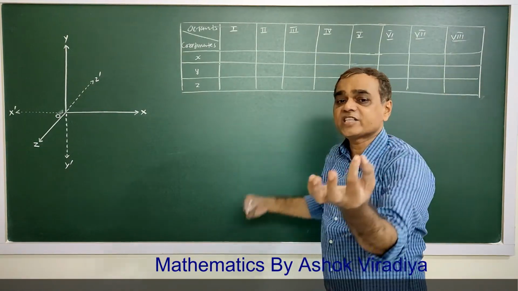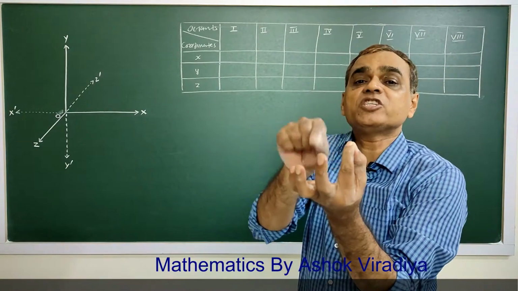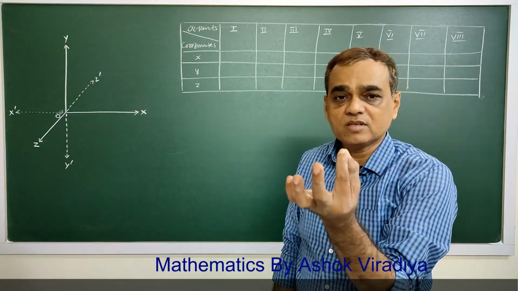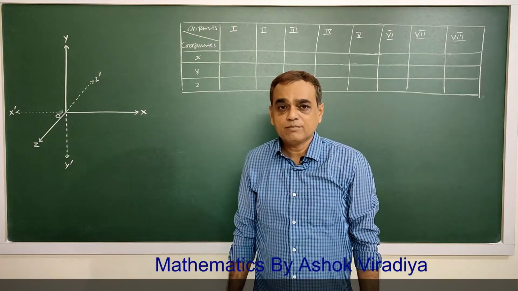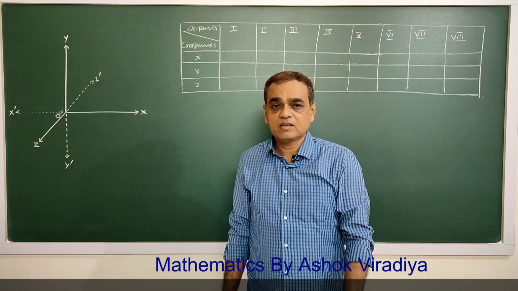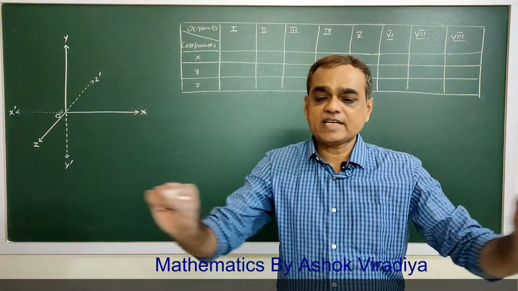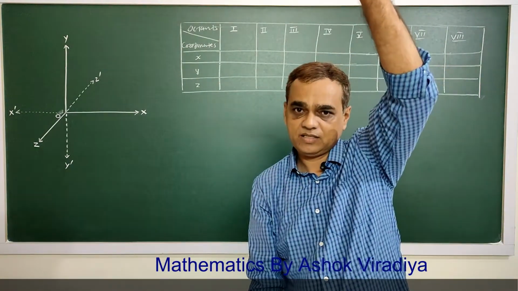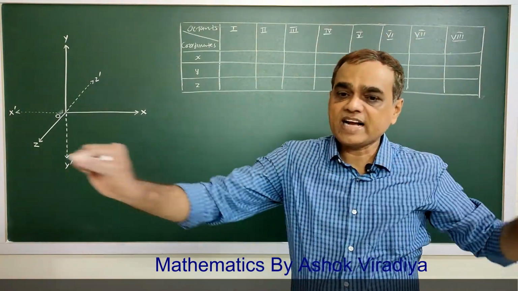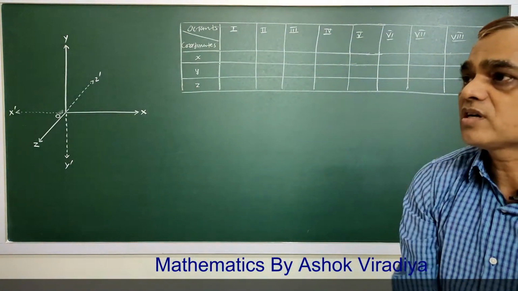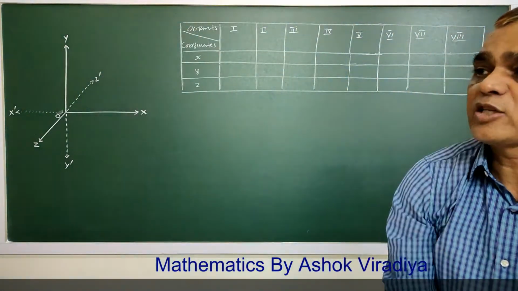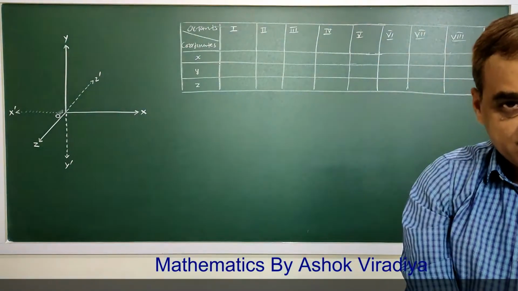These wires intersect at this point, which is the origin. Now use curtains. Say here this was the x-axis, this was the y-axis. So consider the xy plane. Put a curtain along the xy plane. This is the first curtain.